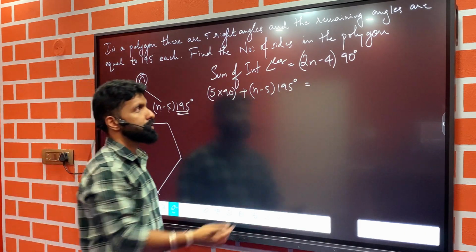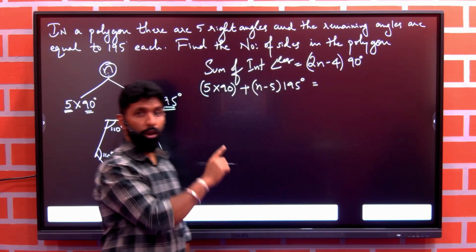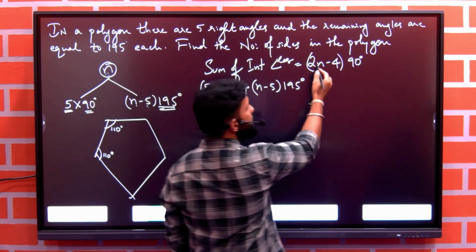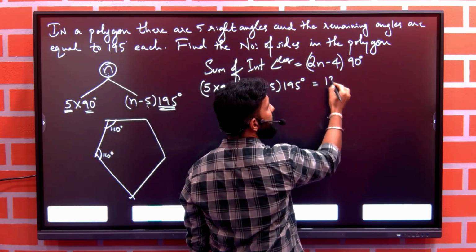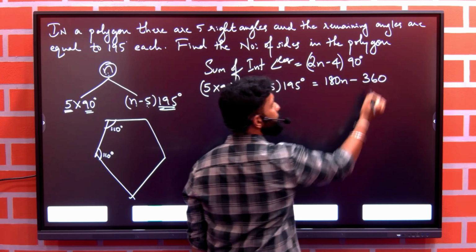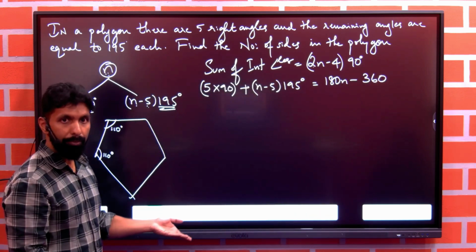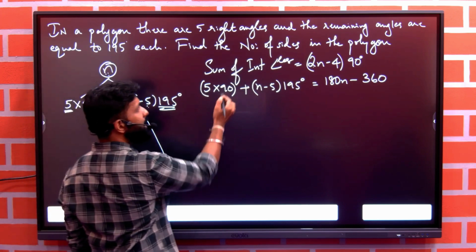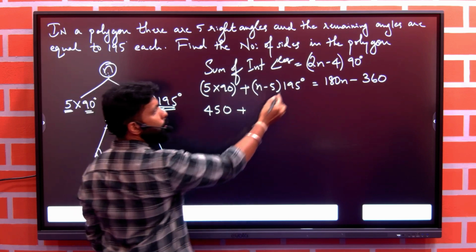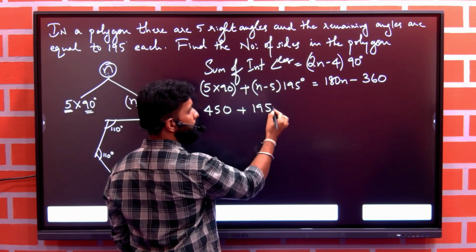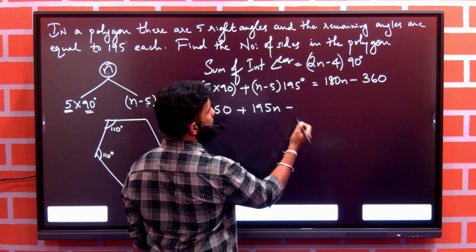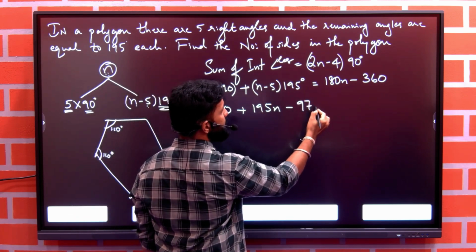Obviously, we don't know the number of sides, so we have to calculate n, right? So 2 into 90 is 180n minus 90 into 4 is 360. Now we need to take time to solve this. So 5 into 90 becomes 450 plus 195n minus 975.